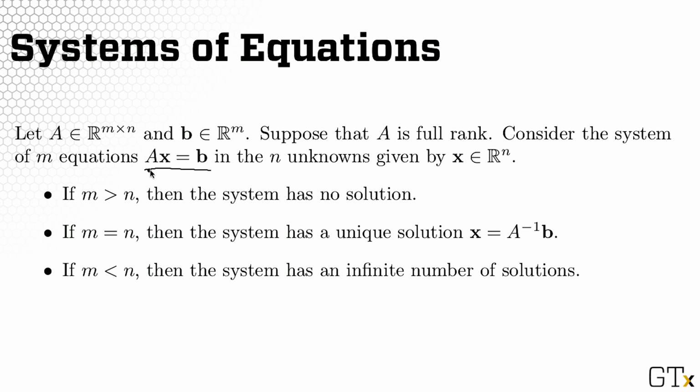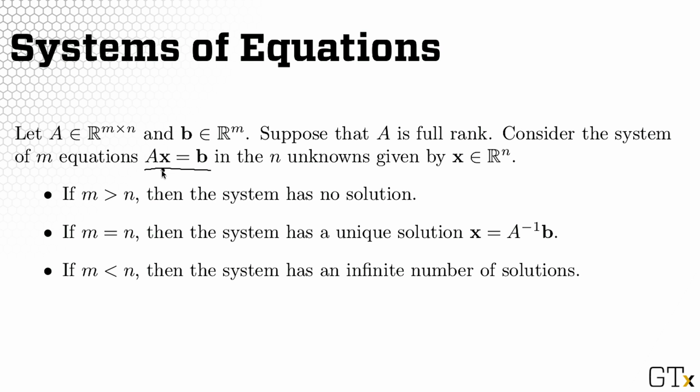A is the matrix of the coefficients of the equations, x is the vector of unknowns, and b is the right-hand side of the system of equations. Again, remember that this is m equations, and there are n unknowns. When I say that the matrix is full rank, it means that these equations are all different. They're not just linear combinations of the other equations, so they all matter, okay?